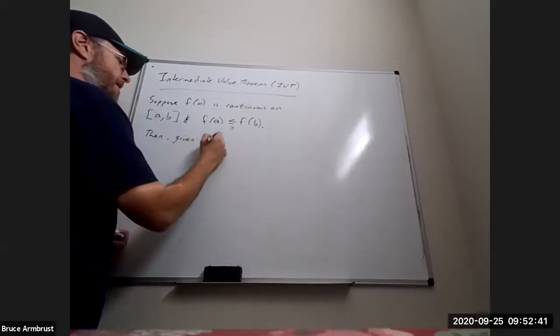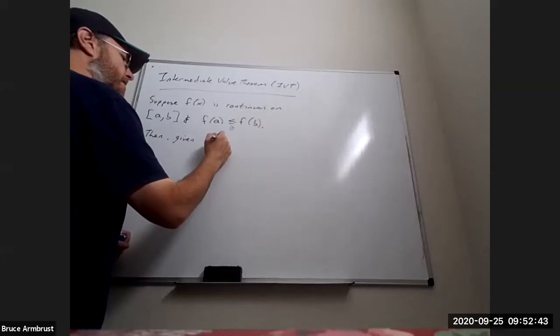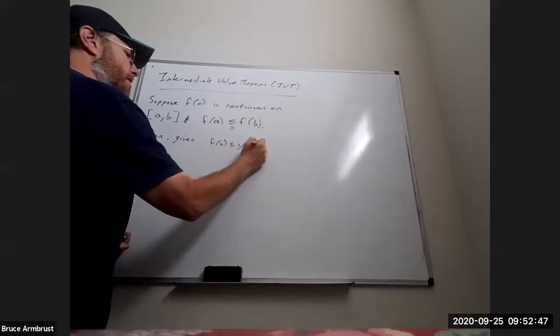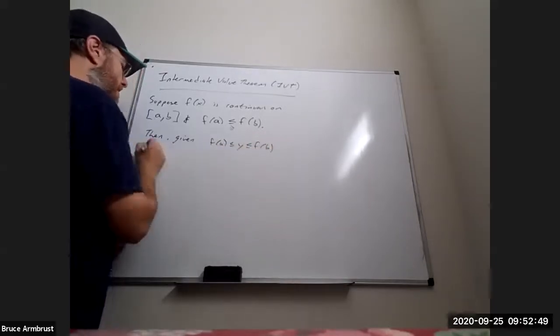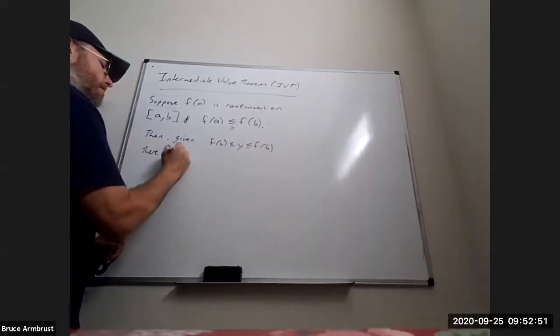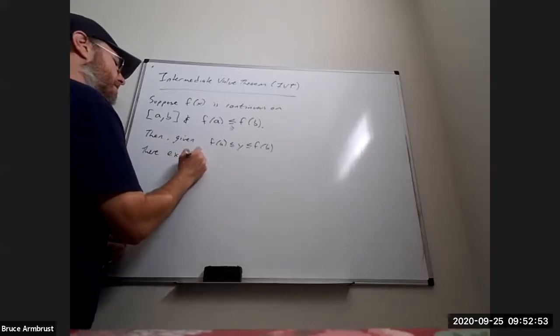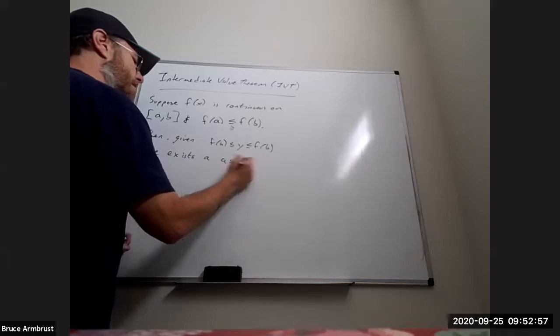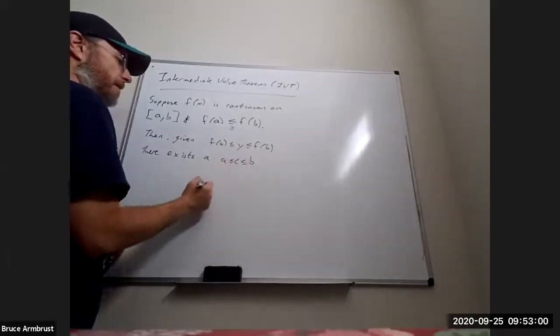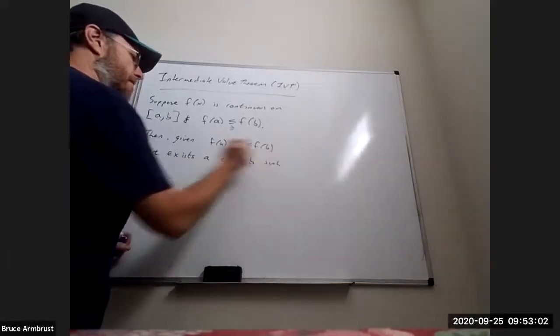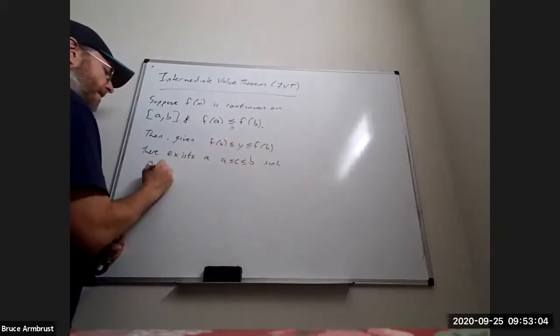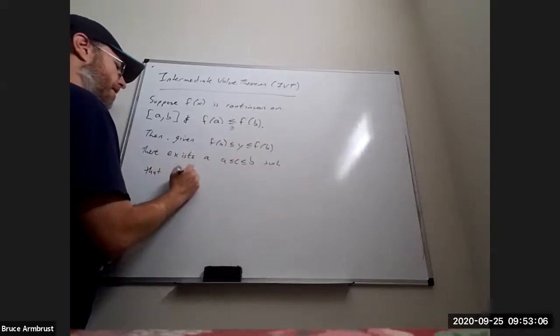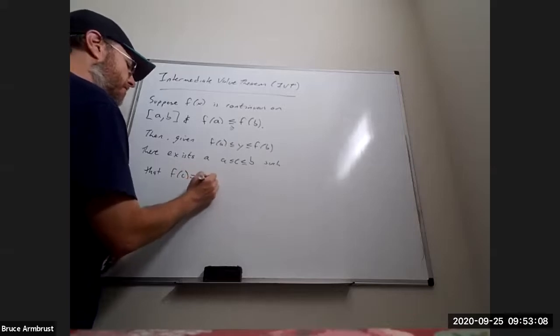Okay, so then what this says is, given a y that's somewhere between f of a and f of b, there exists a c that's somewhere between a and b, such that f of c equals that y.